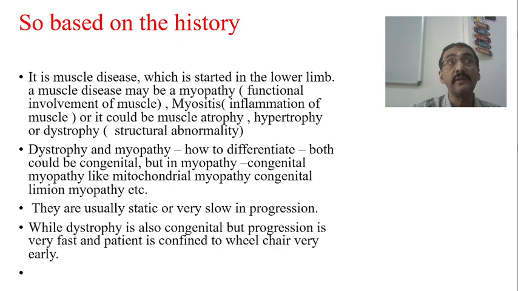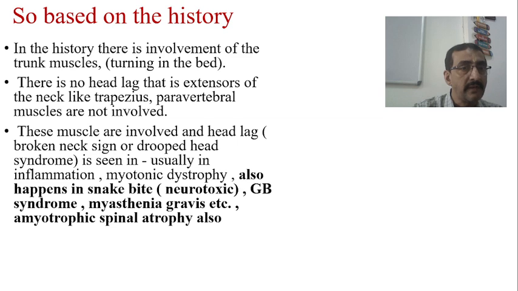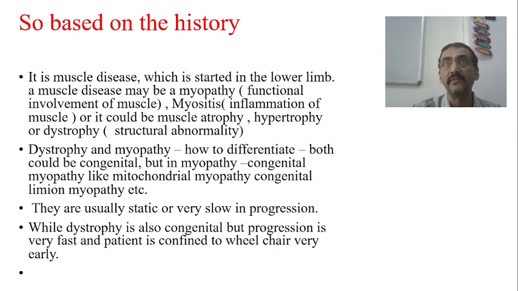But the progression is very fast compared to myopathy. The patient will be confined to a wheelchair very fast, within 3 or 4 years. But it is not the case with congenital myopathies. Okay, now this is one important thing. Now, in the history, another important thing that we have to identify is myositis.